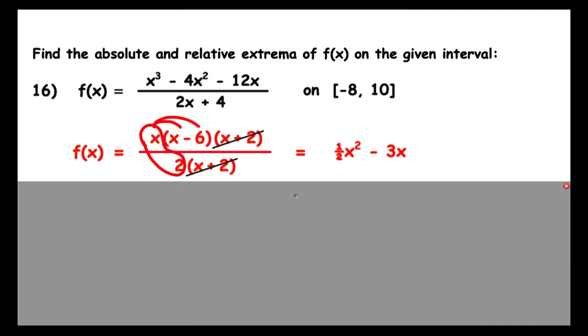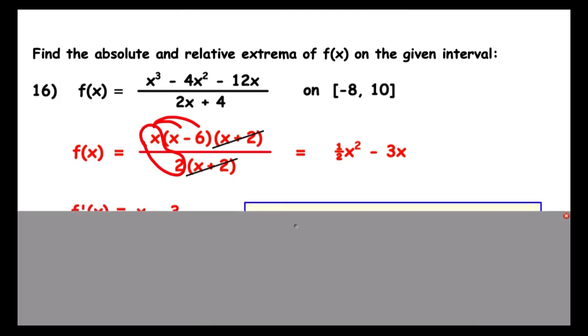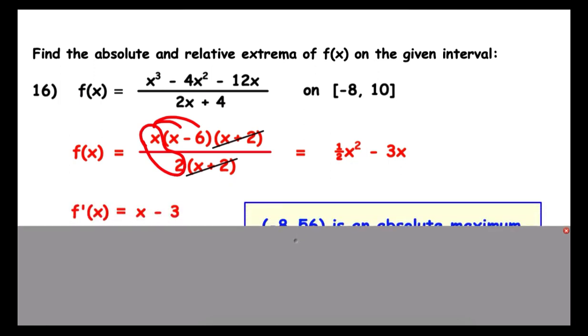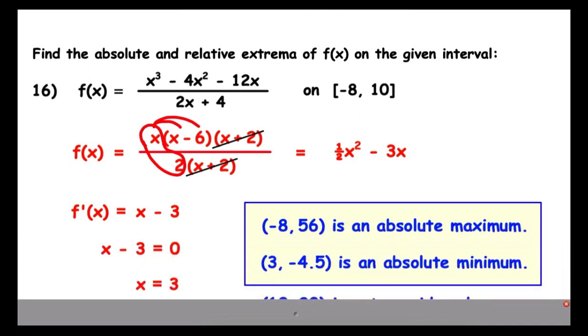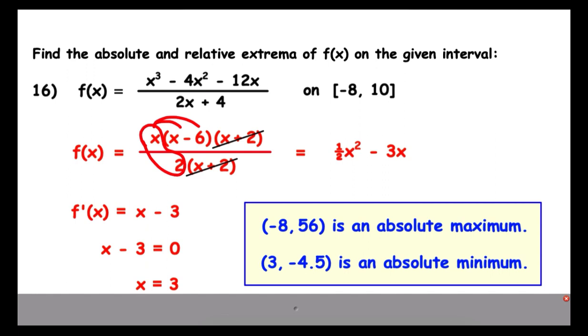And now taking the derivative doesn't require a quotient rule at all. It's super easy. You can probably do it in your head. And the derivative comes out to be x minus 3. And obviously setting x minus 3 equal to 0 gives you 3. Sorry, the answers are visible already. Oh well.